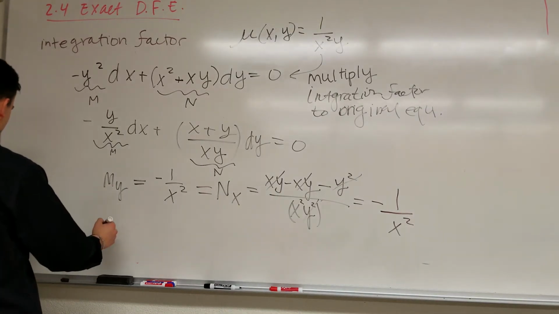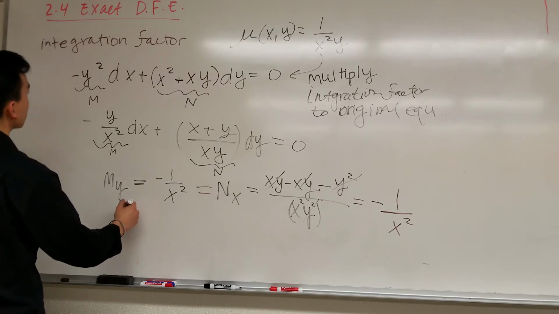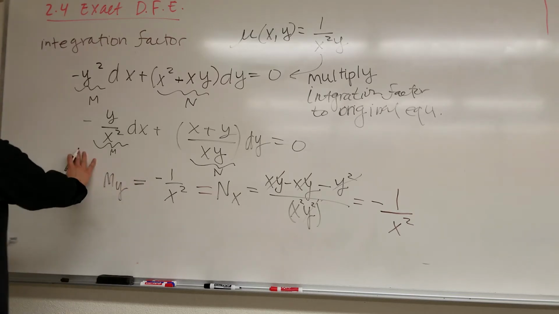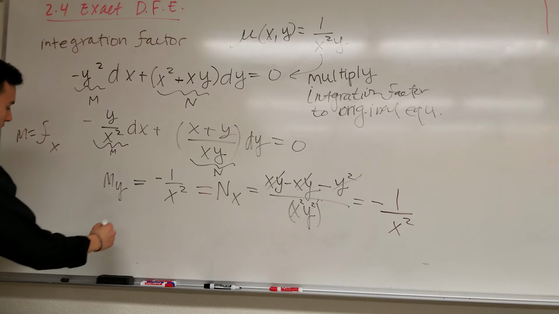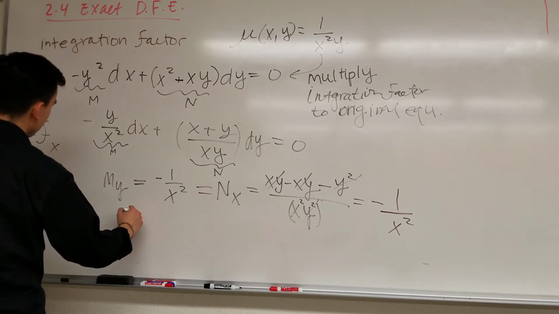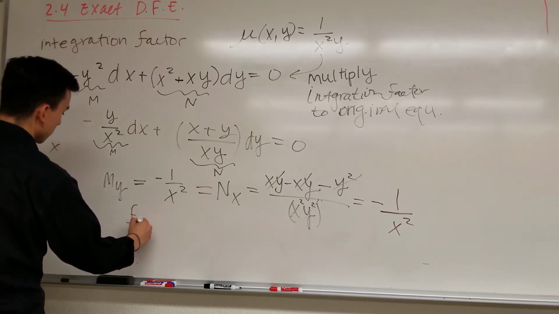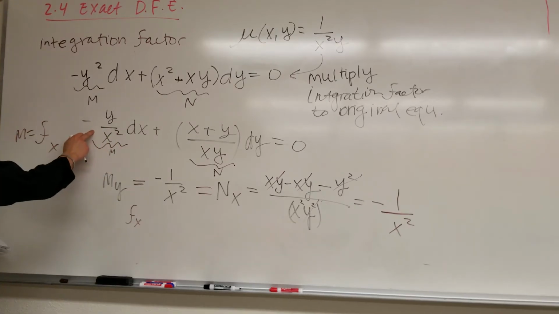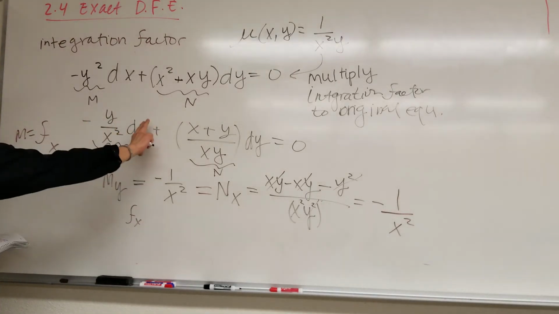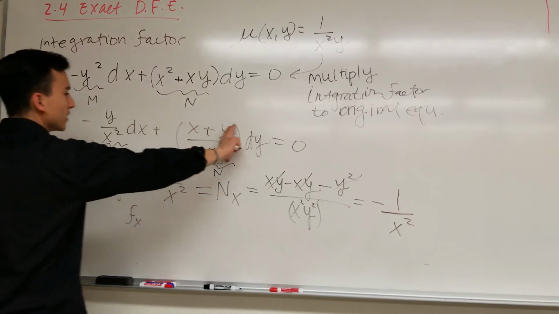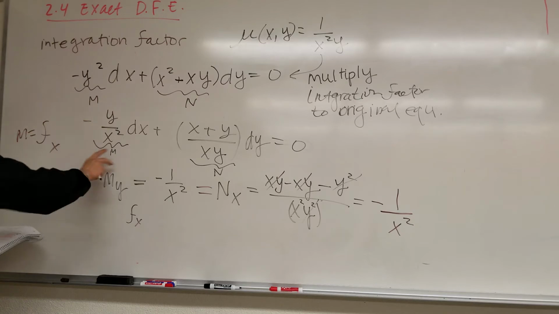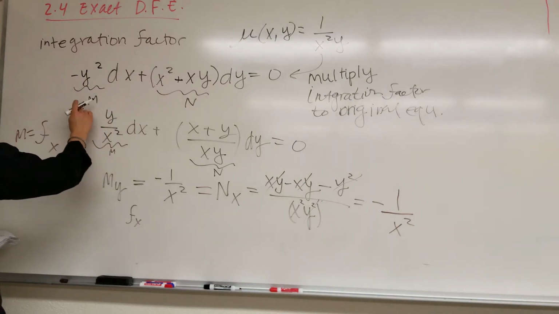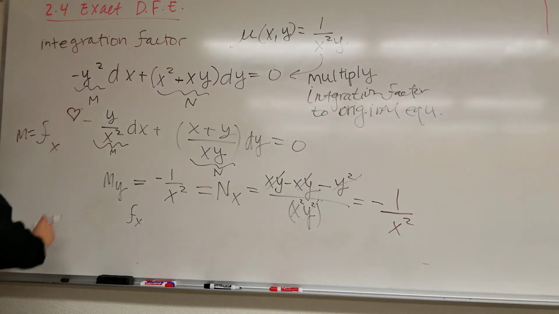Wonderful. So now, using the fact that M is equal to the partial of f with respect to x, we have f_x is equal to this new equation, because this is the exact equation. This is the exact equation. Excuse me. And this is our not exact equation. So we're going to use this one. I'm going to put a heart around it because we love this one.